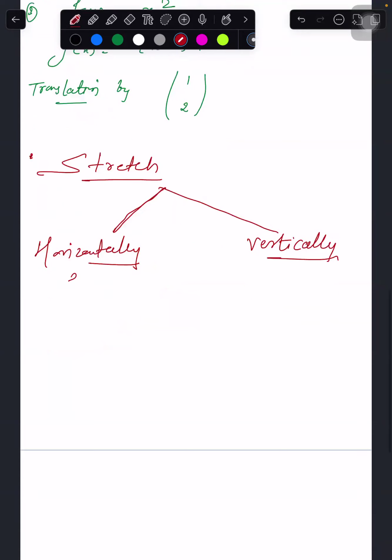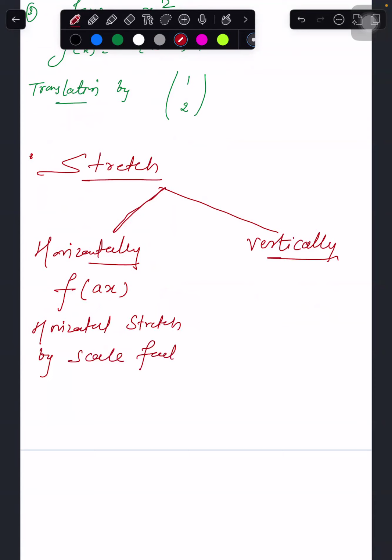Depending on where the a is written, inside or outside. When I write f of ax, it is a horizontal stretch by scale factor 1 over a. In case of horizontal, it's always the opposite.